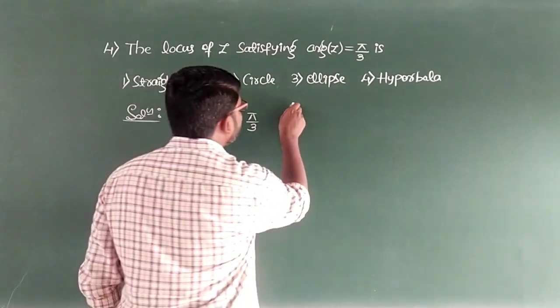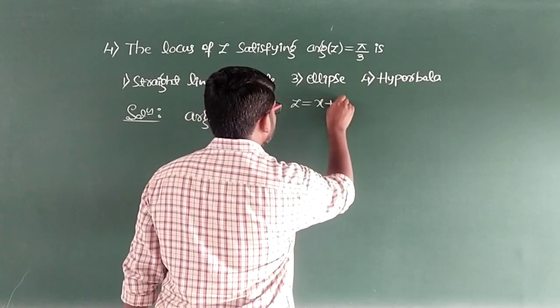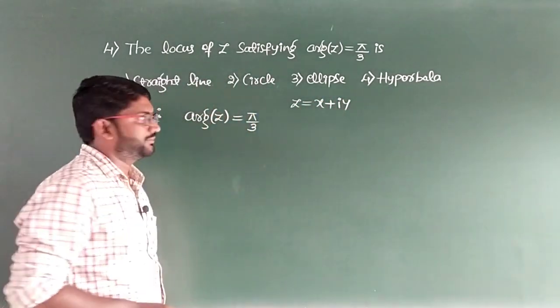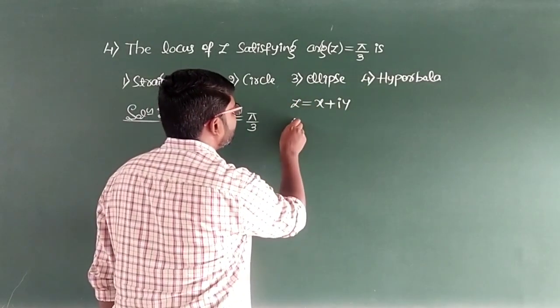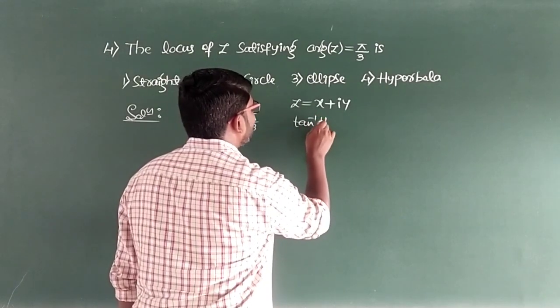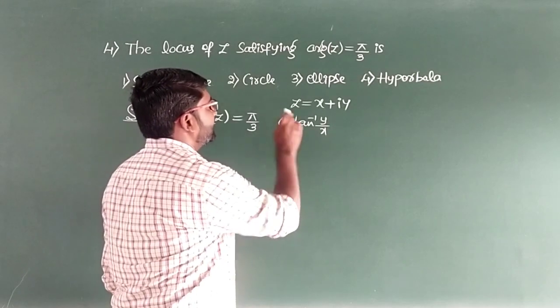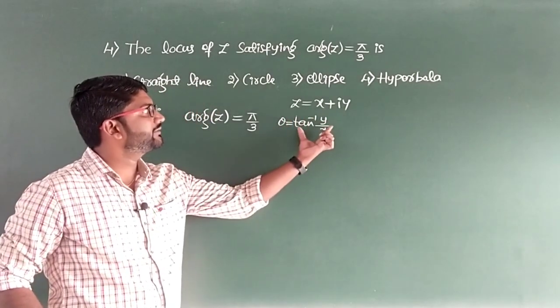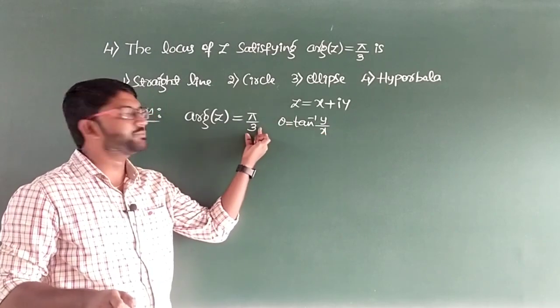If z equal to x plus iy is a complex number, then the argument of this complex number is given by tan inverse y by x. It is denoted by theta. So here they have given the argument which is pi by 3.